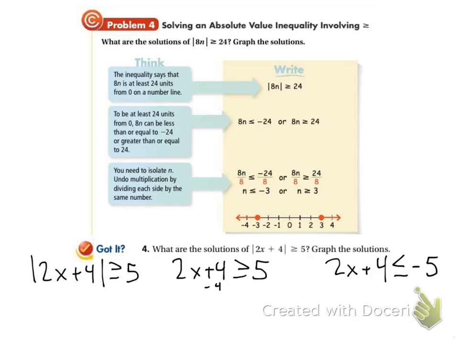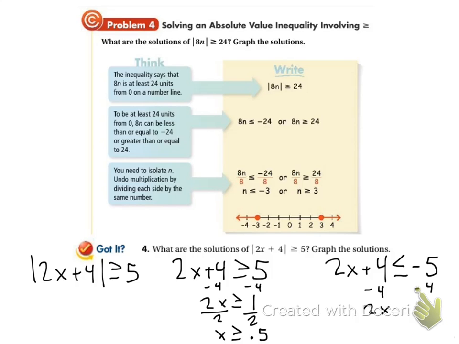And then I'm just going to solve them. So I'm going to subtract 4. I get 2x is greater than or equal to 1. Divide by 2. And I get x is greater than or equal to 1/2 or 0.5. If I solve my other guy, I'm subtracting 4.